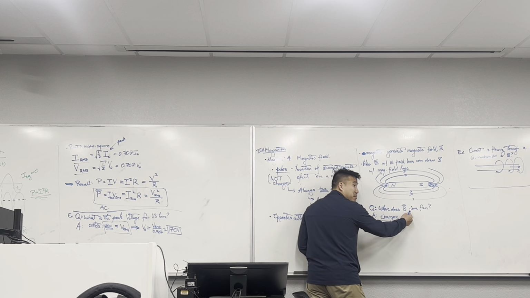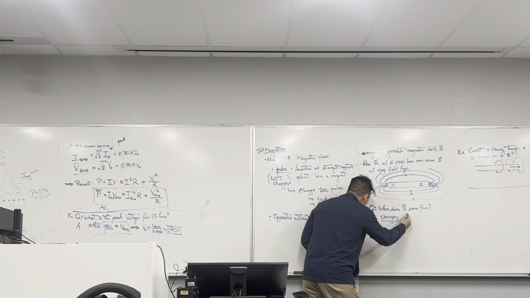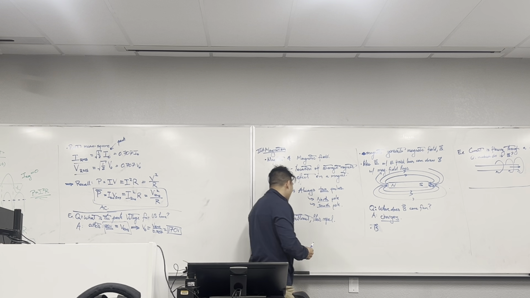Charges lead to magnetic fields, but magnetic fields don't just work on poles, they also work on charges. So B affects charges.